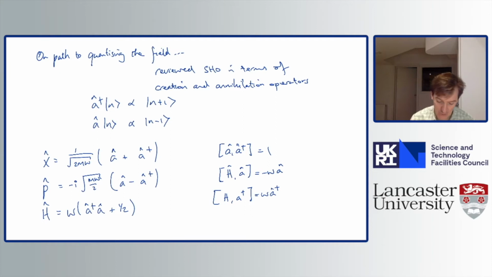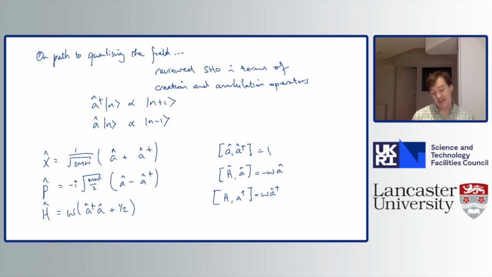The creation operator gives me a new state that has a number which is higher by 1, and the annihilation operator reduces the number, so it goes from a state n to a state n minus 1. I've just put in the proportionality signs here because I haven't written down the correct normalization, and I didn't want to get into the details.